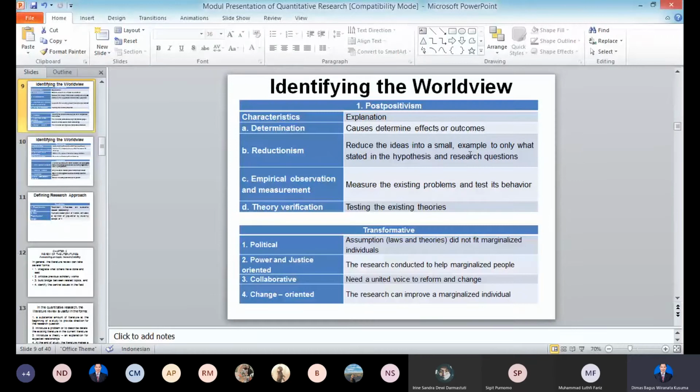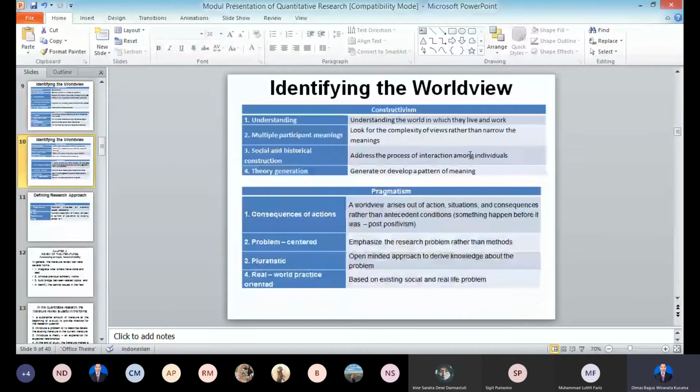What do you contribute to society, having understood this positive and negative? But if you conduct a transformative worldview, your research has an impact to improve marginalized individuals. That is the second one. The third one is constructivism.